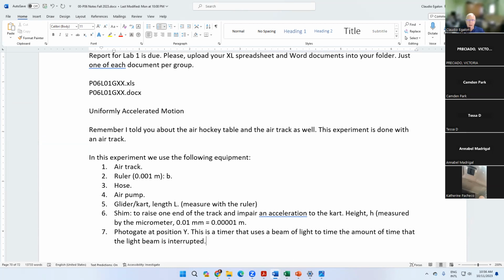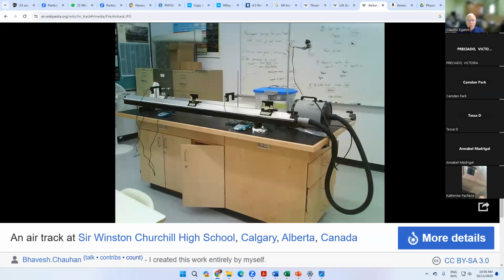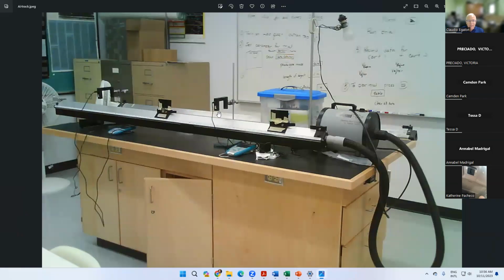And let's take a look at the internet again. Here you go. See the photogate right in here? We have another photogate here, right?